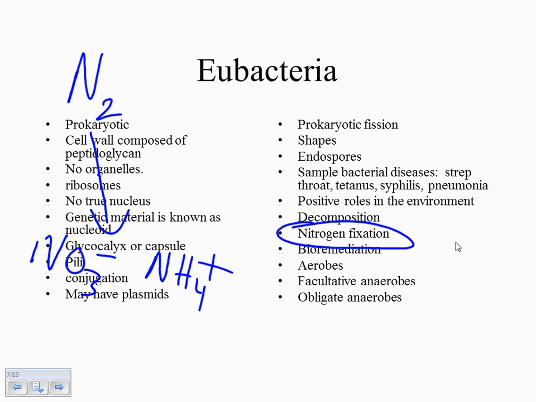Different thing. Point being, though, the bacteria can take this nitrogen out of the air and turn it into a form useful for plants and animals. Where do a lot of these bacteria that can do this live? A lot of them live on the roots of plants. They live in a symbiotic relationship, particularly on what kinds of plants?